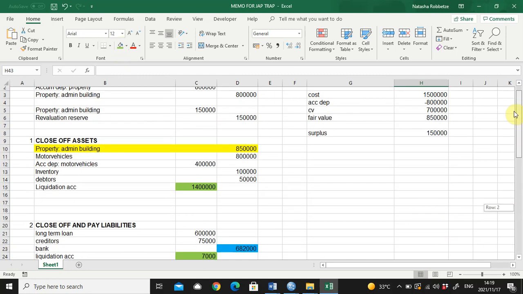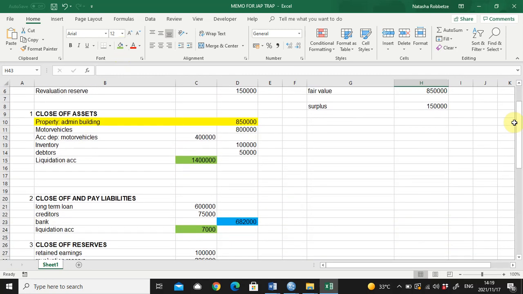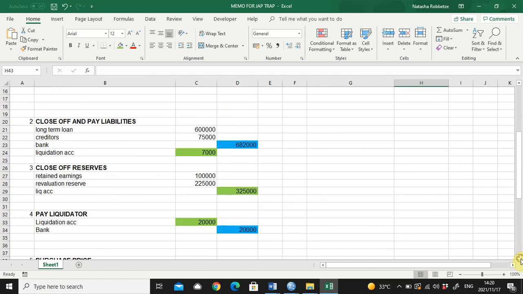Right, so I'm starting with a negative on my calculator from step number 1. That's minus 1.4 million. Then I am going to minus another 7,000, and I'm going to add the 325,000.